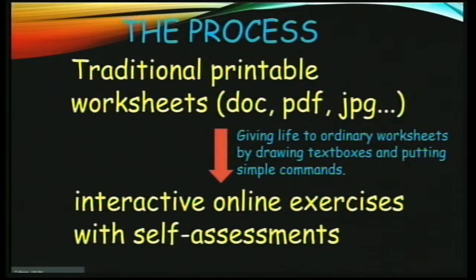We are giving life to ordinary worksheets by drawing text boxes on the worksheet and putting some simple commands, like join, choose, and so on. After completing this process, the traditional worksheets are converted into interactive online exercises with self-assessment. The online tool automatically puts marks on the worksheets.